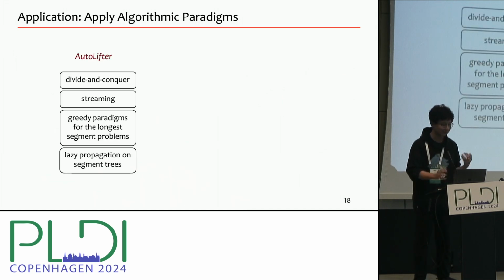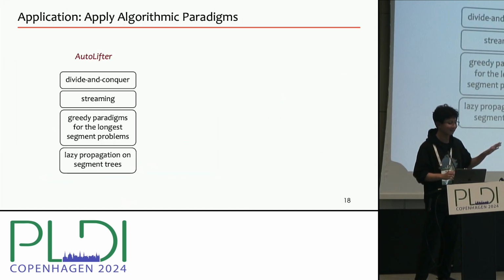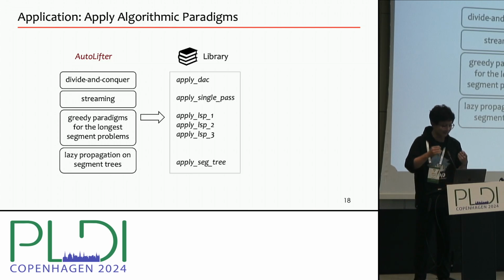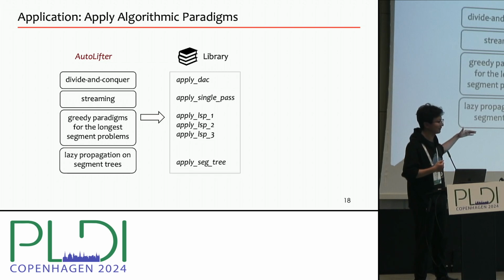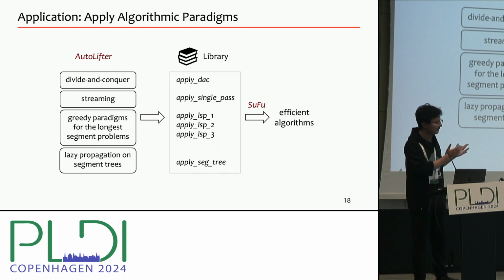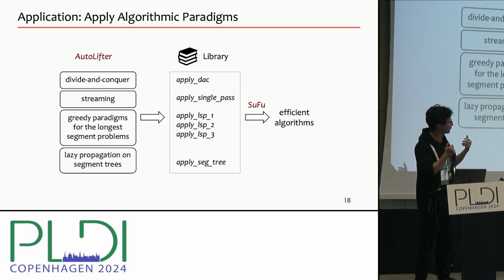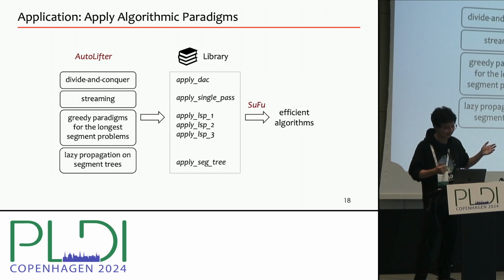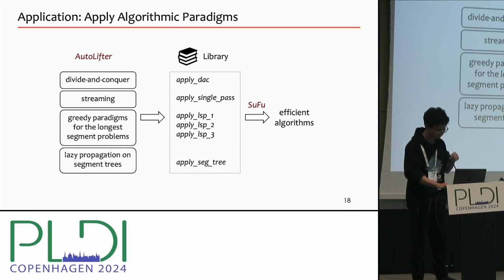With a similar construction, we find that any paradigms we considered in our previous work can correspond to some apply functions constructed in this way. That means that SuFu can solve all of these problems. So in other words, SuFu is strictly more general than our previous work, AutoLifter.